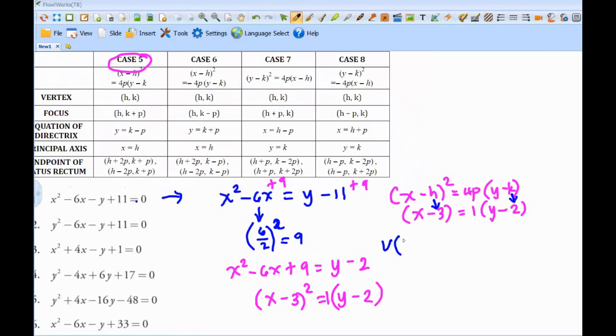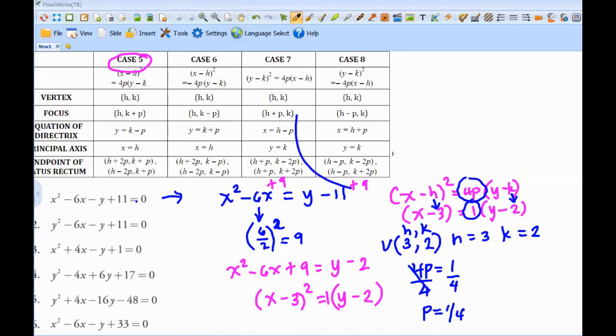The vertex is at 3, 2. So h is 3 and k is 2. The next is that we have to get the value of p, right? So we will be equating 4p equal to 1. Divide by 4, so p is 1/4.